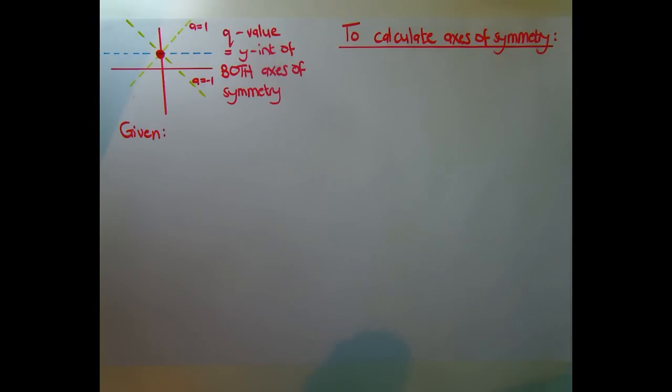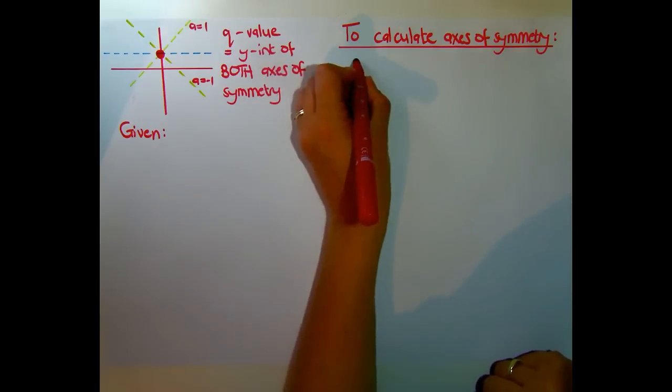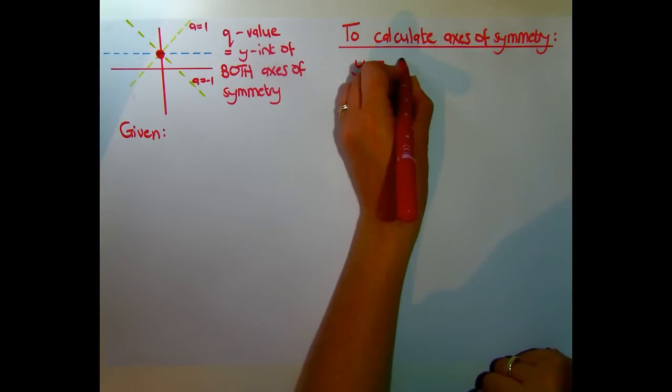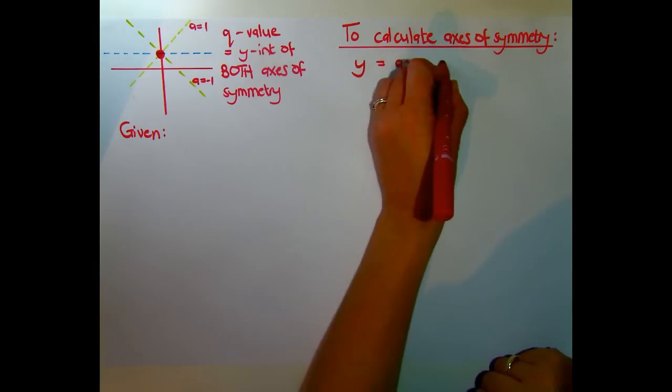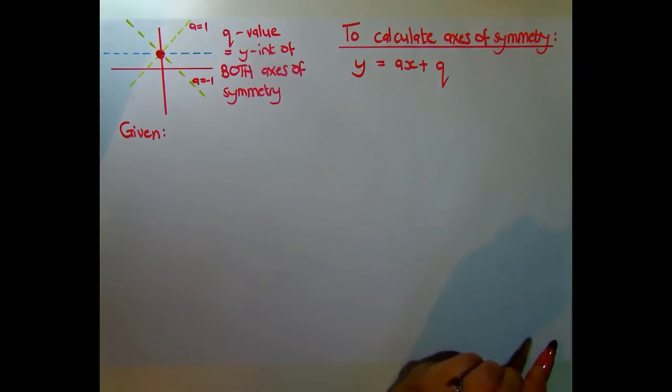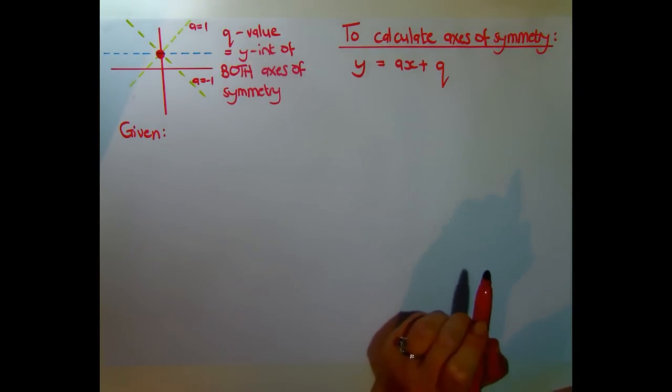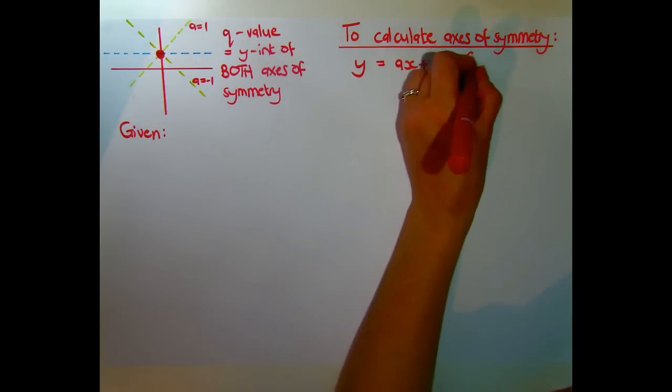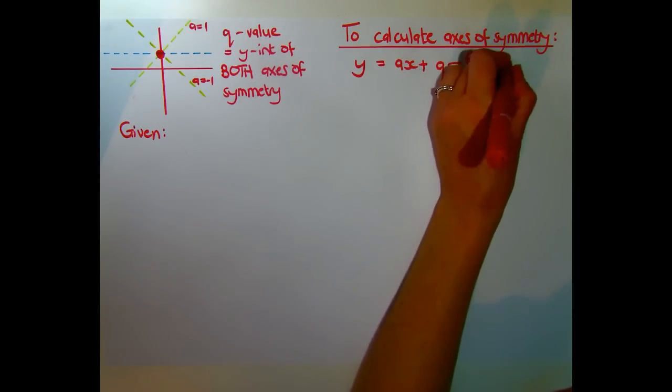So you could be asked to calculate the formulas for the axes of symmetry. Reminder, the straight line formula is y = ax + q. Now your q and your q are the same. It is the y-intercept. So you already have that from your asymptote.